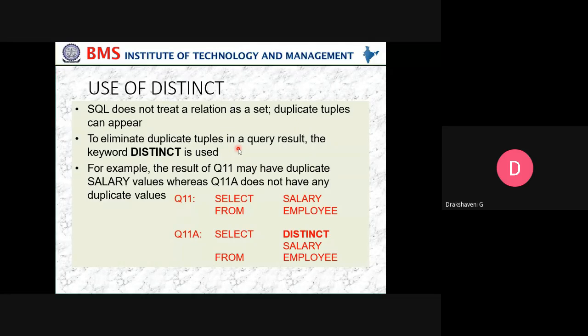Suppose there are 50 employees in the company, and 30 of them have a salary of 40,000. Then we would repeat 40,000 thirty times. Instead, if we use distinct, it will appear only one time.